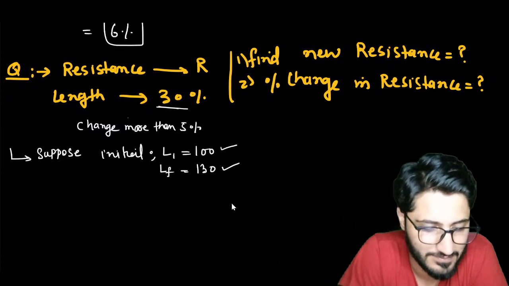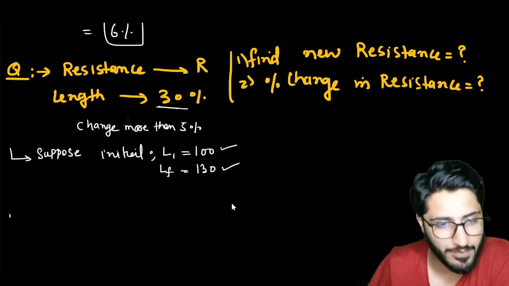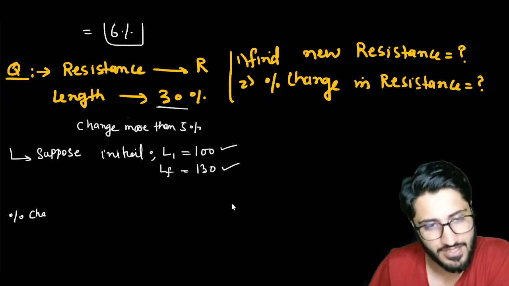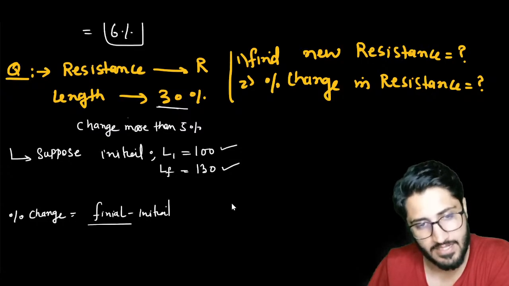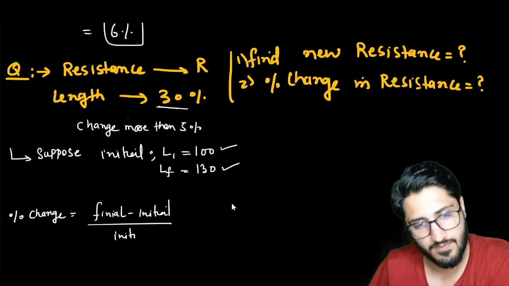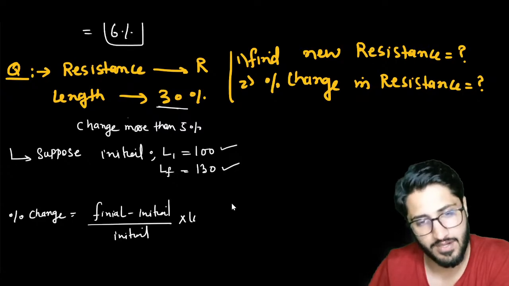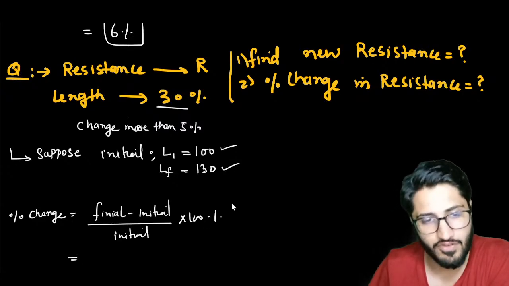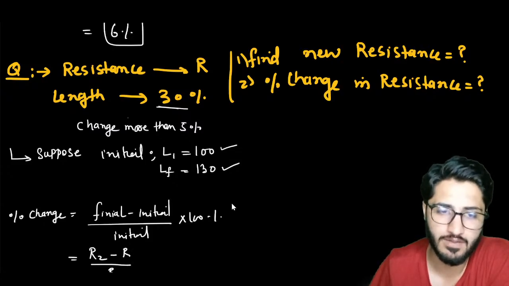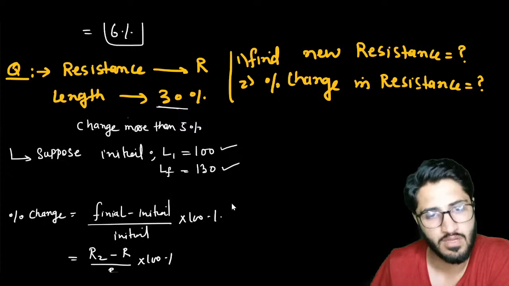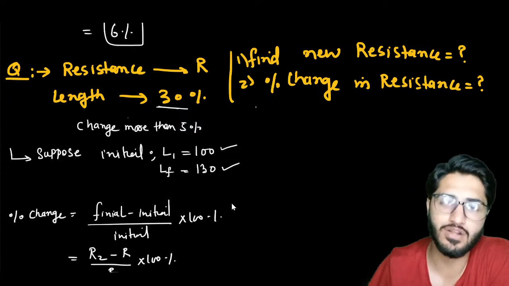Done. Look now, what is percentage change? Percentage change means final minus initial divided by initial into 100. Final we don't know, let us suppose it is R2. Initially we have R, divided by R into 100. How to get R2?